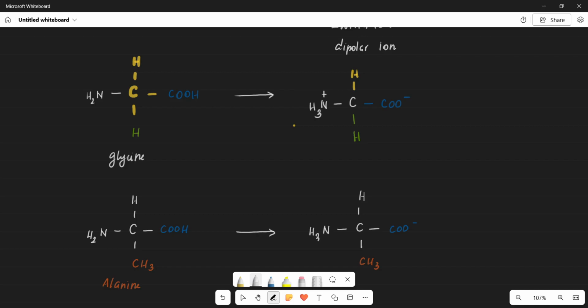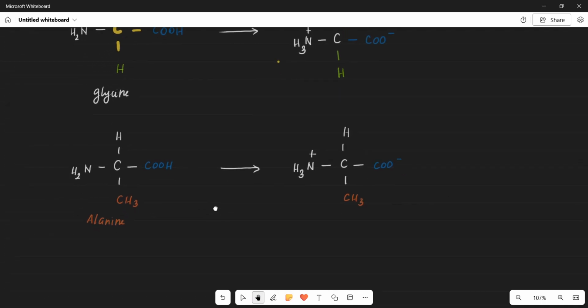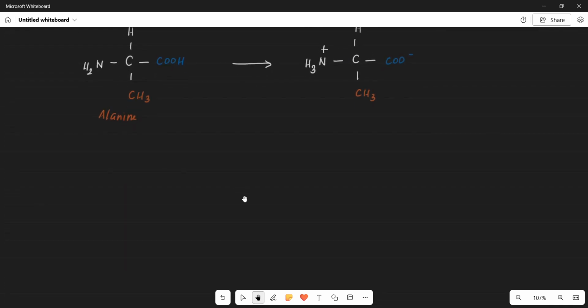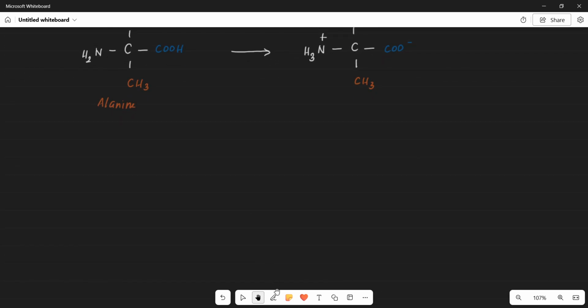The amino group is going to gain the hydrogen, NH3+. So this is how I write the zwitterion. These zwitterions behave differently in different medium. Medium in the sense, when you increase the pH or when you decrease the pH, they are going to behave differently. So we are going to talk about that also.